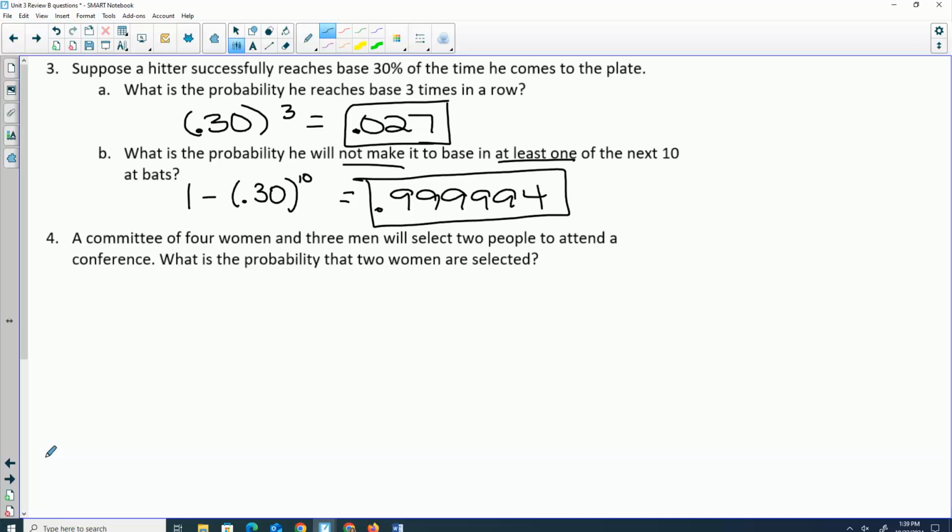Number 4. A committee of 4 women and 3 men will select 2 people to attend a conference. What is the probability that 2 women are selected? So we have 4 women and 3 men.